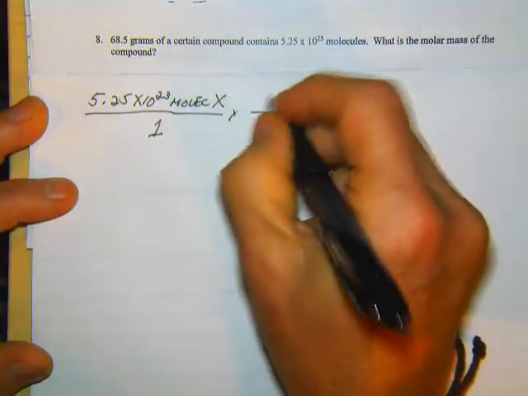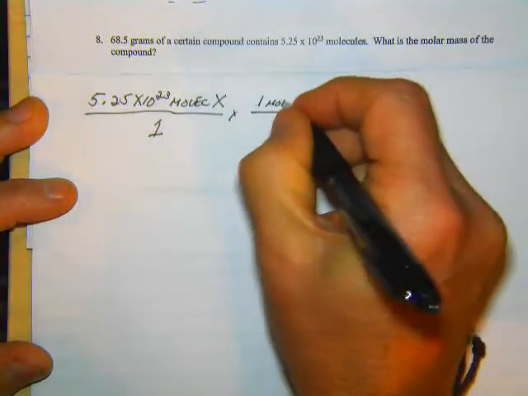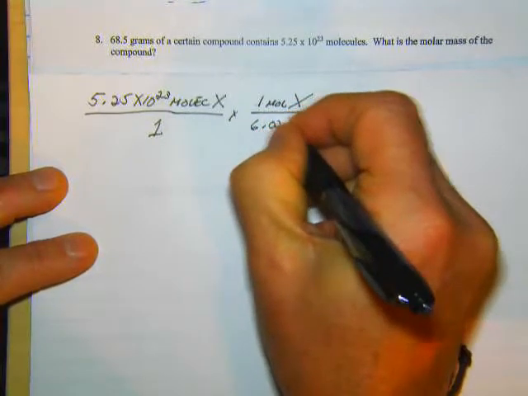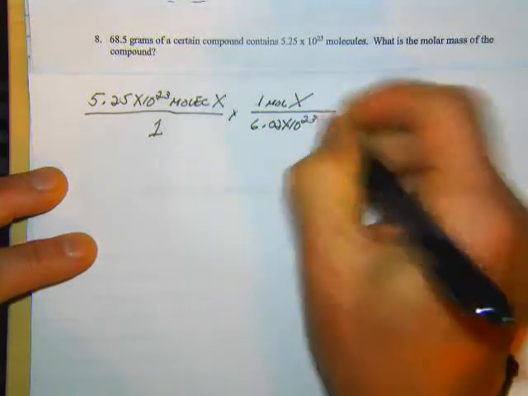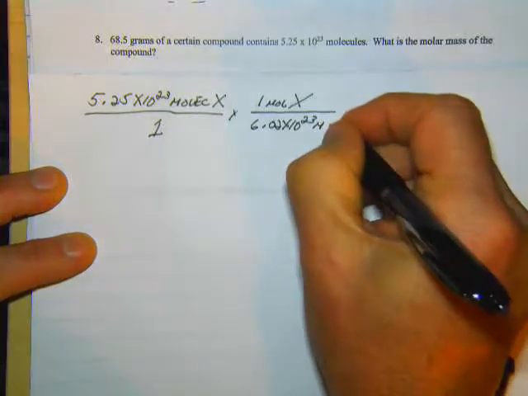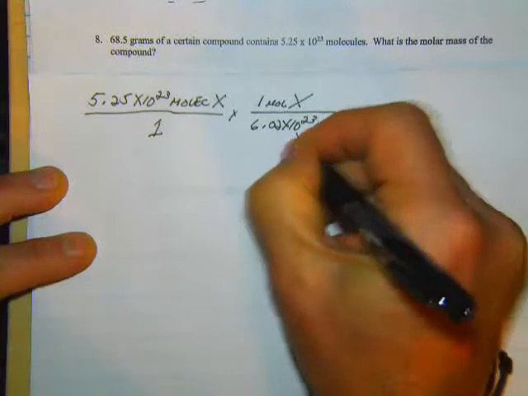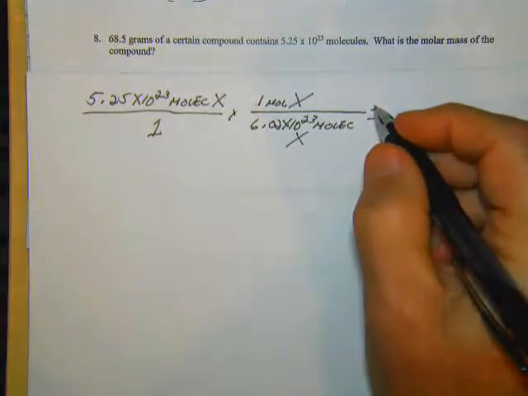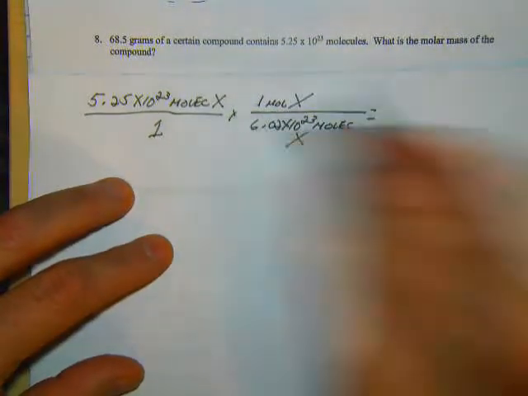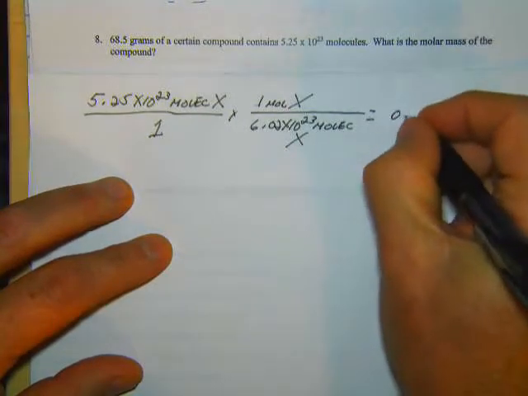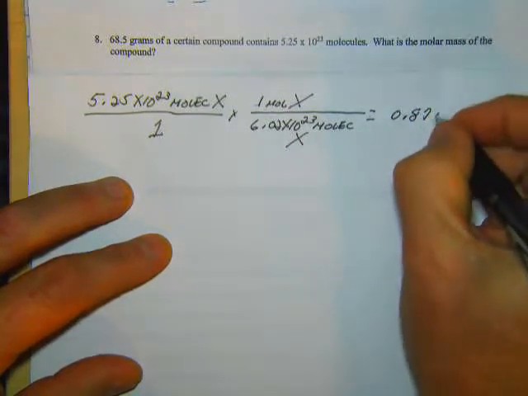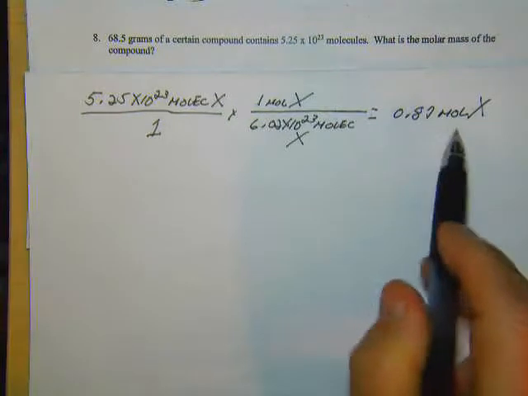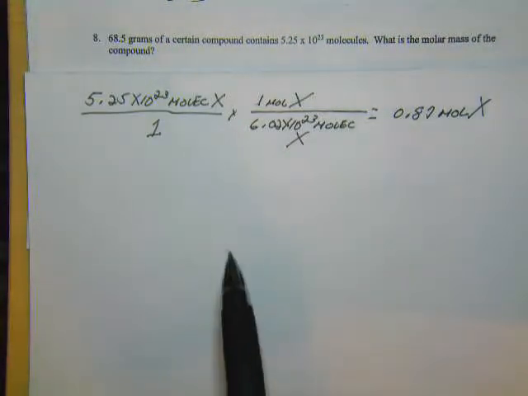And we know 1 mole of X contains 6.02 times 10 to the 23rd molecules of X. So let's see how many moles of X I have. If I do my math out here, I have 0.87 moles of X. So 0.87 moles is 68.5 grams.